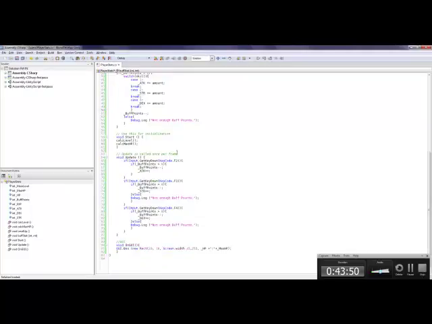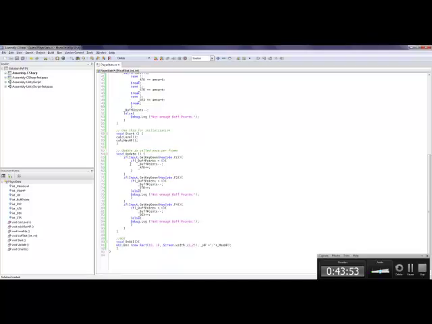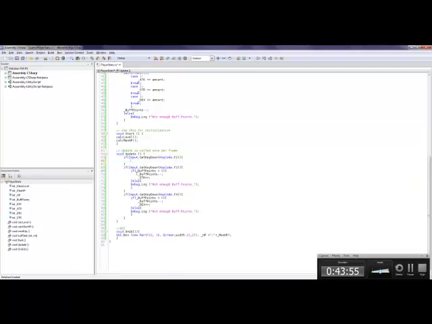Okay, so we can now get rid of all this code.